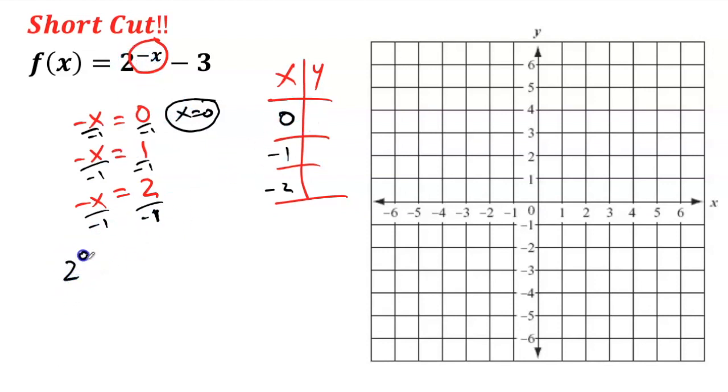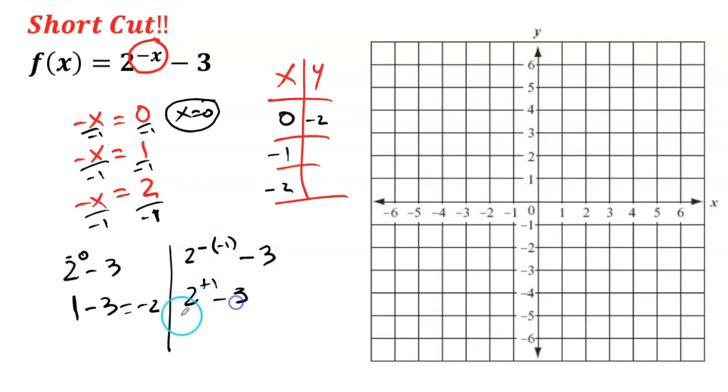2 to the negative 0, minus 3. 2 to the negative 0: anything to the 0 is 1. Minus 3, negative 2, and that's my first value. Negative 1: 2 to the, this is a minus, but the x is also negative 1, so those two negatives become positive 1. 2 to the first is 2, minus 3 is negative 1.